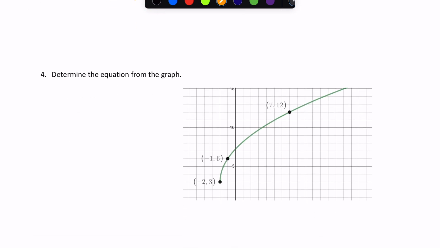Okay, so here it wants us to determine the equation from the graph. And so this, again, our parent function we see here would be y is equal to square root x.